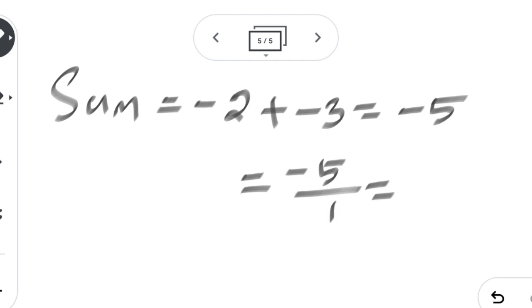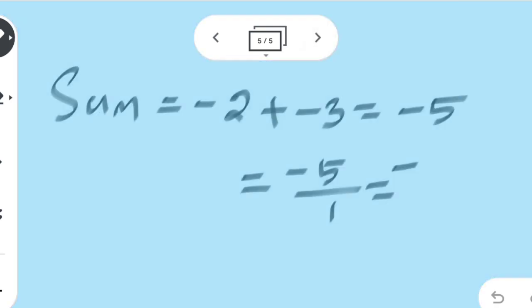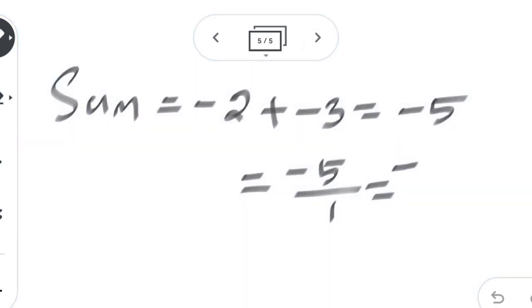Here a equal to 1, b equal to 5, c equal to 6. So minus 5 we can write as minus b because b equal to 5, and 1 is a. Now we got sum equal to minus b by a.